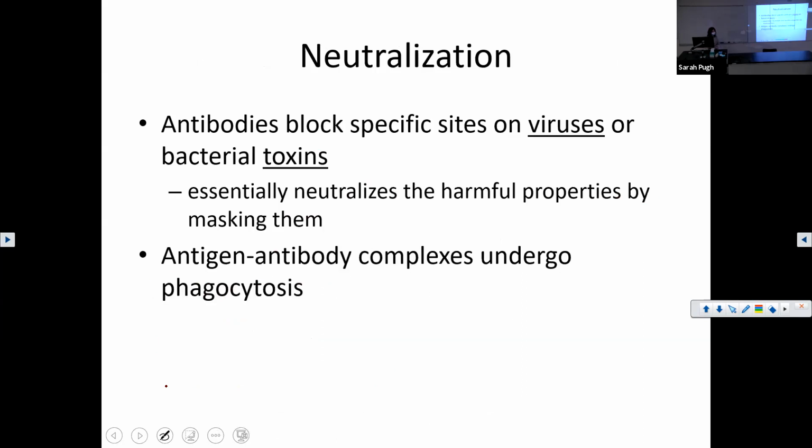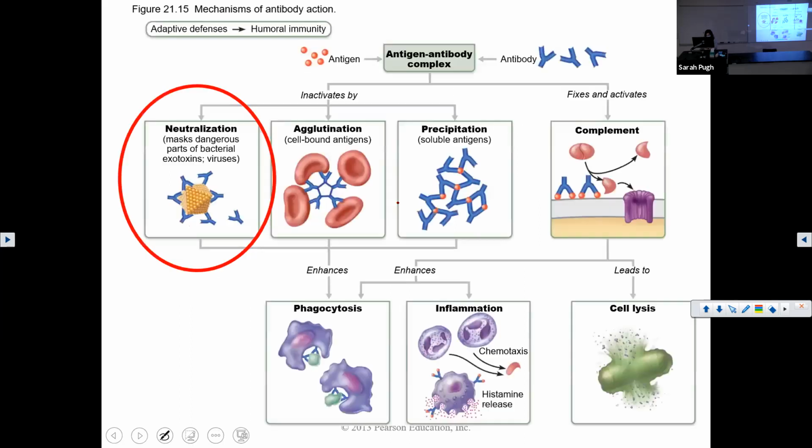So the first one, if antibodies bind to this free-floating foreign antigen, flag it for destruction, they're going to maybe bind to a virus, free-floating virus, bacteria, bacterial toxin. But typically what they do is when they bind to it, they neutralize it so it's no longer harmful. So here in this picture, I circled it in red.